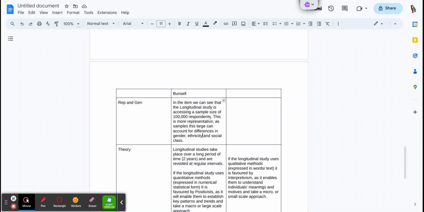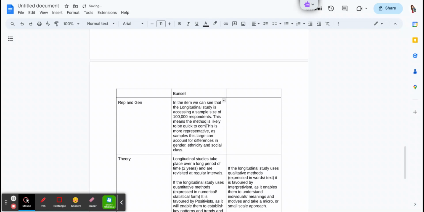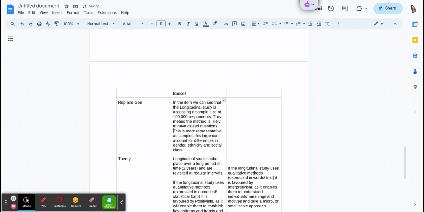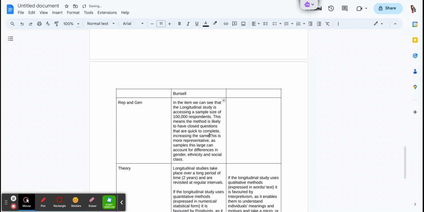This means the method is likely to be quick to complete. So this means the method is likely to have closed questions. So if there's that many people, it's likely to have closed questions that are quick to complete, increasing the sample size or group.